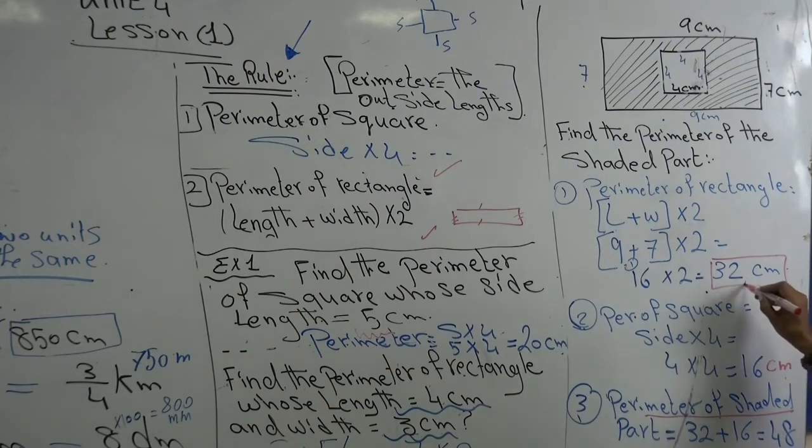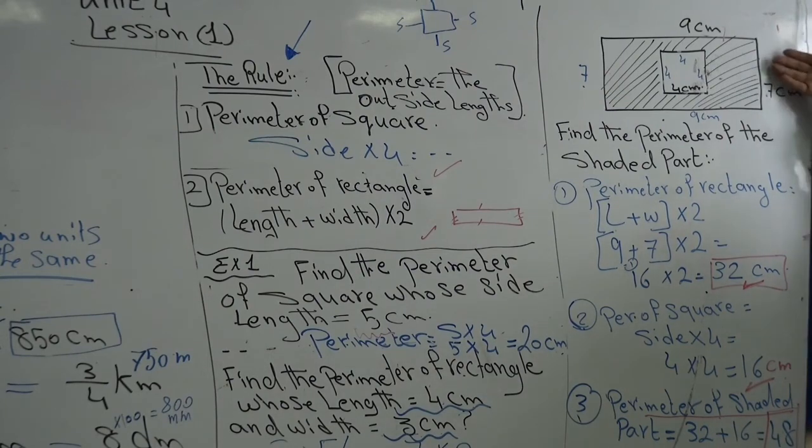I will add 32, the perimeter of the rectangle, and add the perimeter of a square together. So 2 plus 6 equals 8, and 3 plus 1 equals 4. It will be 48 centimeter. This is the perimeter of the shaded part.